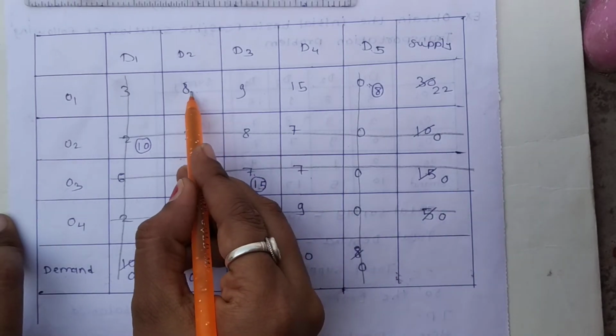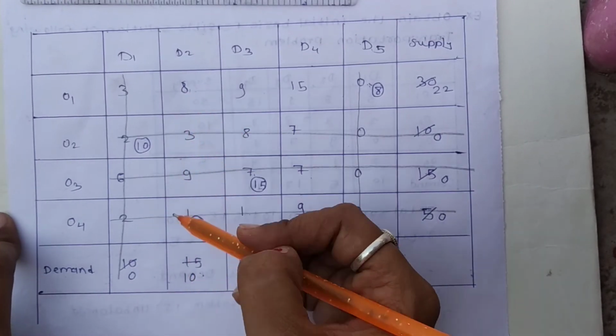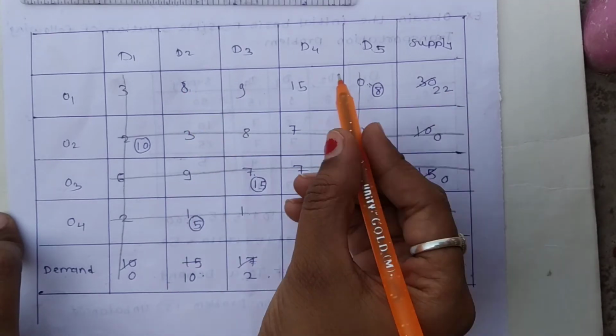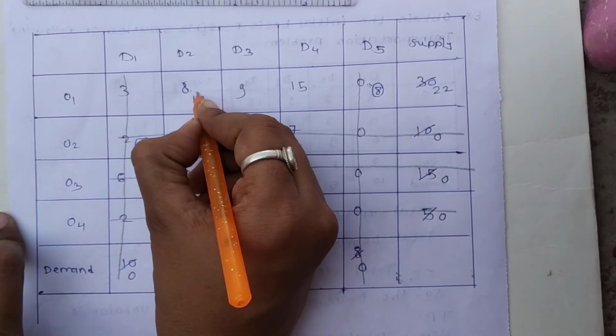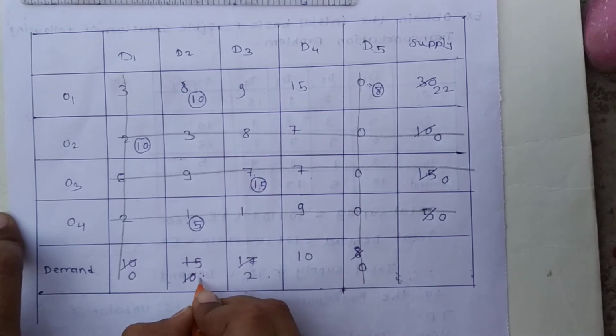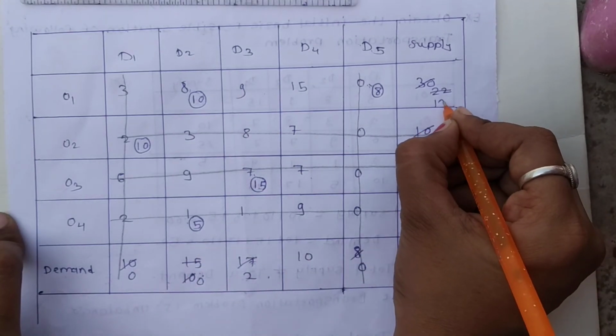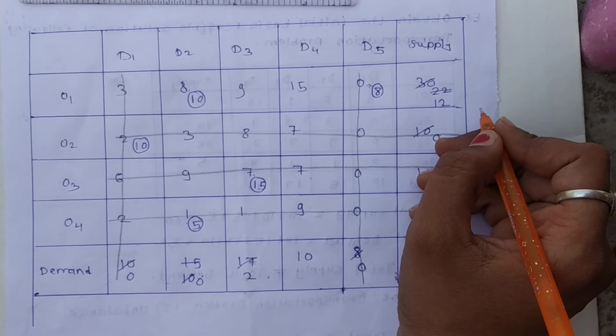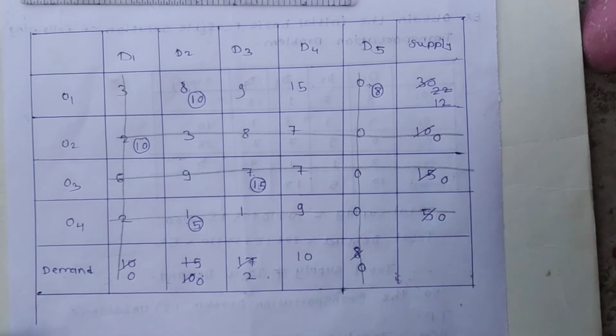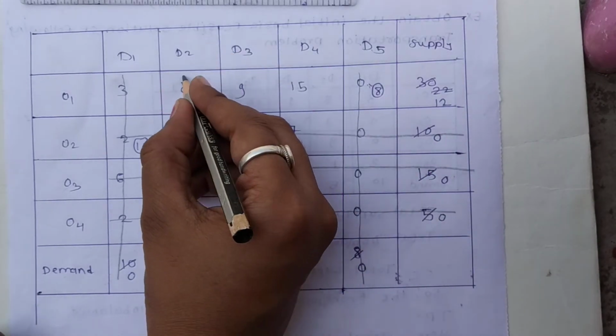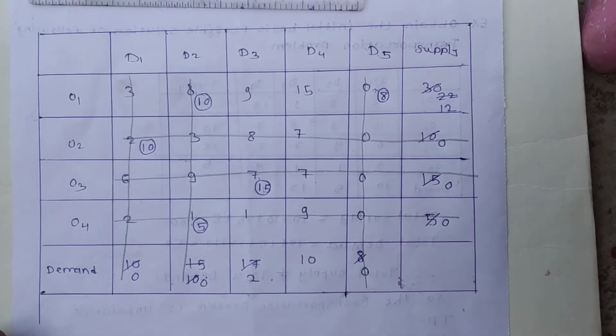Now 8 is minimum. For 8, demand is 10 and supply is 22, so allocate 10. 10 minus 10 is 0, here 12. So this column gets cancelled.